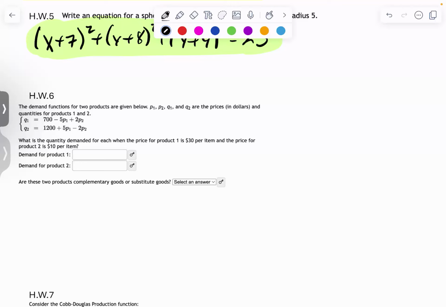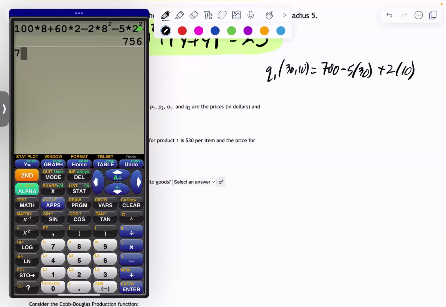So I'm going to bring this over here. So Q sub 1 of (30, 10) is going to be 700 minus 5 times 30 plus 2 times 10. Let's see what we get. So I'm getting 570.